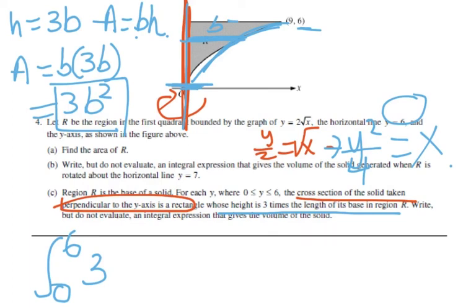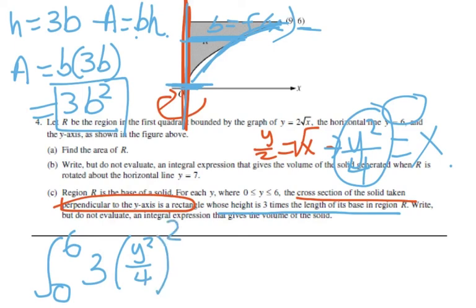B in this case is the function itself. So the function that we have is y squared over 4, and there are 2 of them, so it's squared, dy. This asks you to set it up, do not evaluate, and this should give you the solution.